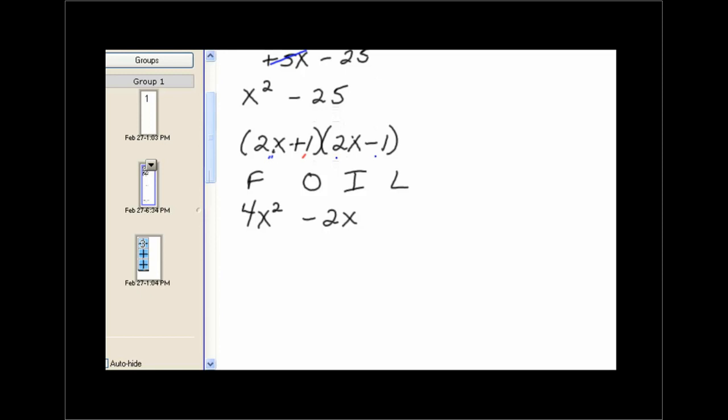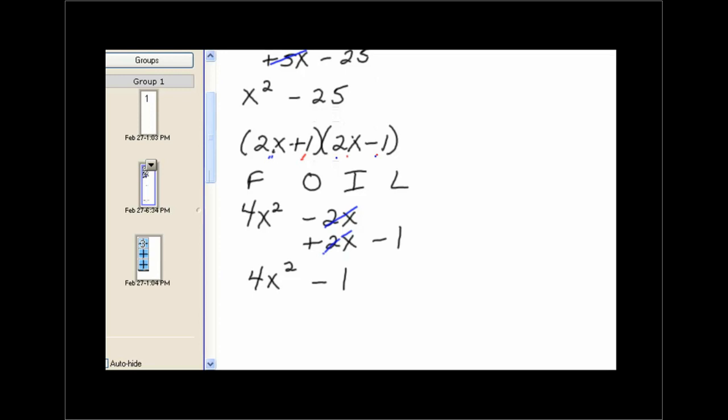Inside term, 1 times 2x is positive 2x. And finally, 1 times negative 1 is negative 1. Again, we see the outer and inner terms are additive inverses. They add up to 0. And we're left with 4x squared minus 1.